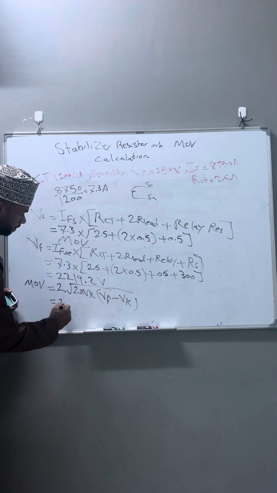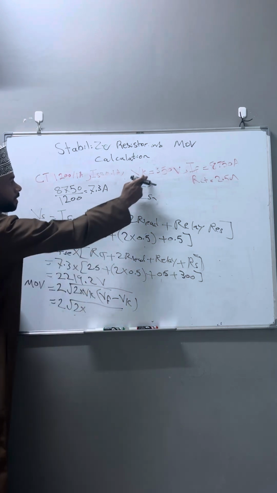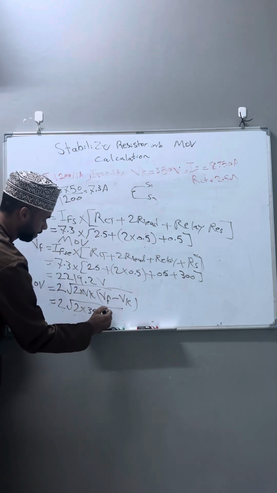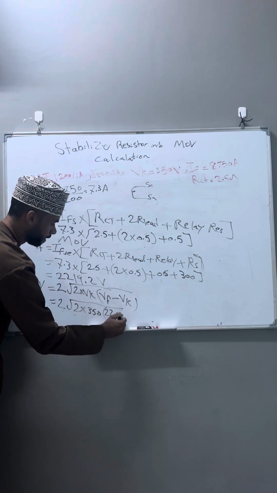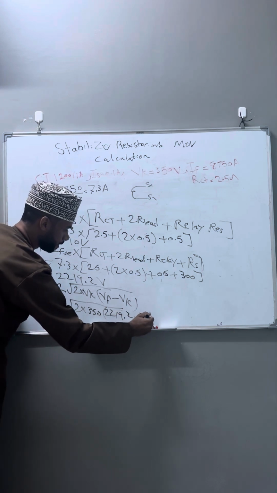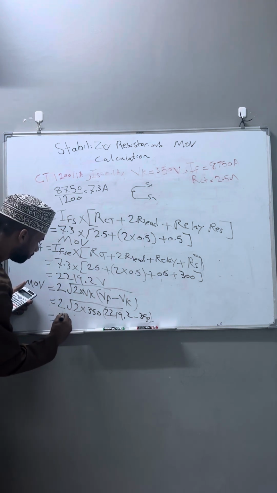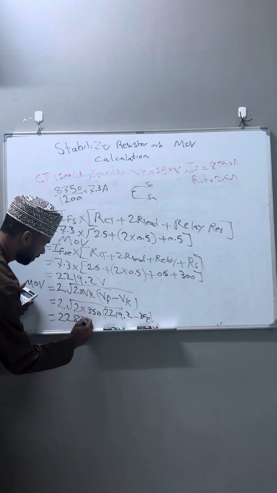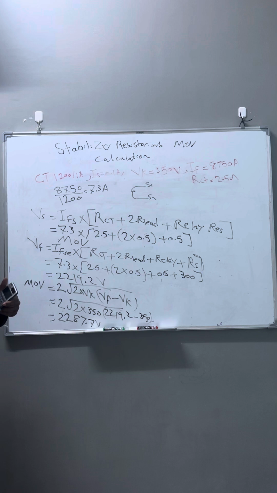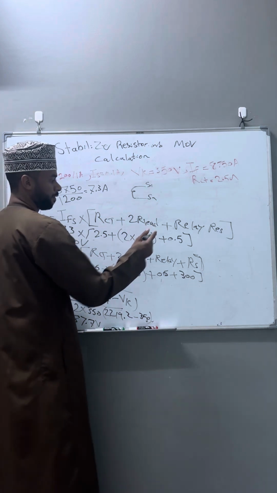So 2 root 2 multiplied by VK, which is given as 350, multiplied by the root of the fault voltage, 2219.2 minus 350. So the answer will be equal to 2287.74.